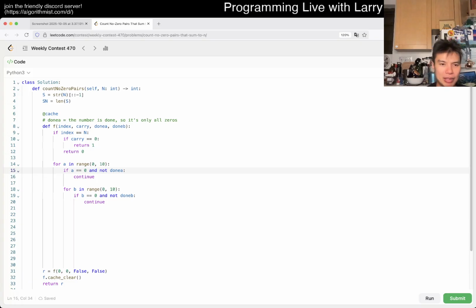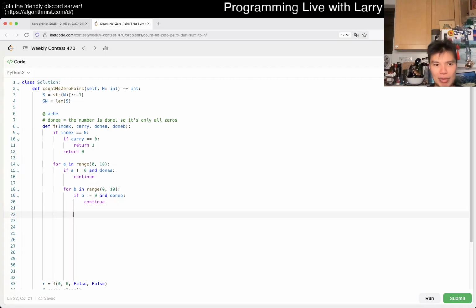Basically, maybe I'm still thinking about the other one. So if it's done, and a is not 0, then we skip, right? Because it's done, we cannot do it. I think that's the more precise one. Okay, and that means that if we are 0 and we're not done, then we can convert it to done, right? Okay, I think that sounds better, right?